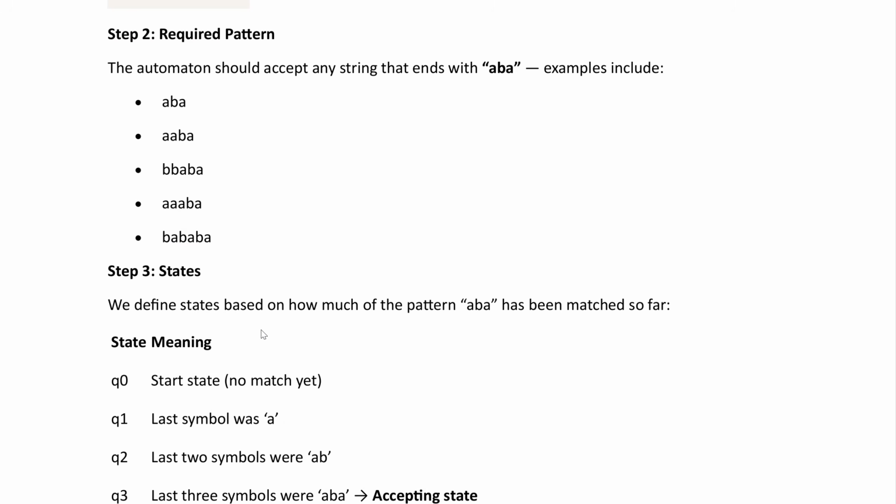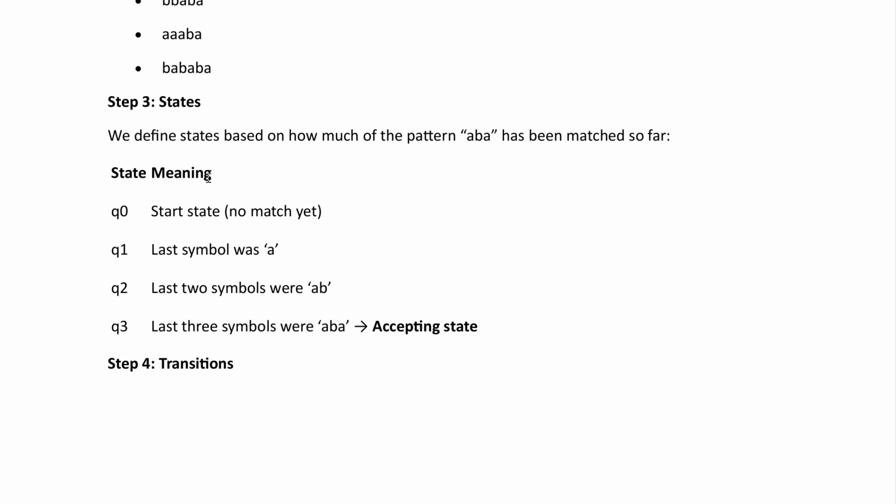Step 3 is about the states. We define states based on how much of the pattern ABA has been matched so far. Q0 is the start state. In Q1, the last symbol was A. We have to recognize the strings ending with ABA, so first we take A, then we add B to it, then we add A to it.